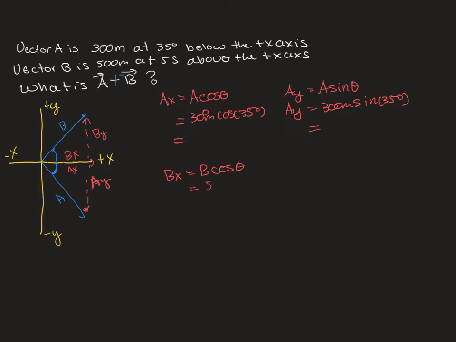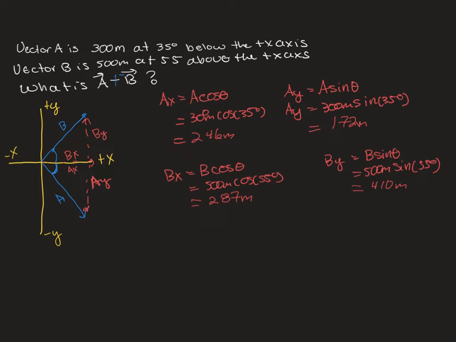So 500 meters times the cosine of 55 degrees. And for the Y, we're going to use sine again. So 500 meters times the sine of 55 degrees. Now let me get my calculator out and figure what those values are.